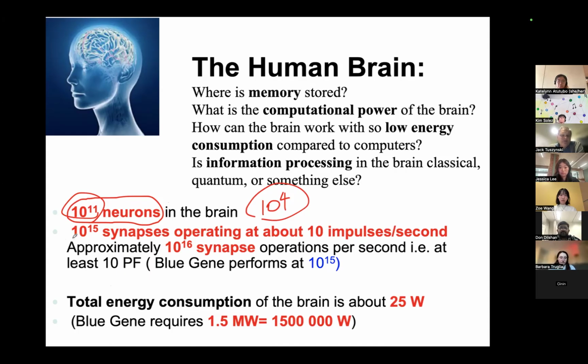So that gives us 10 to the 15th synapses in the entire brain, and even conservatively counting the number of signals or impulses or action potentials, if you will, that are hallmarks of neuronal activity, 10 impulses per second gives you an astronomical number of computing operations, 10 to the 16th every second.